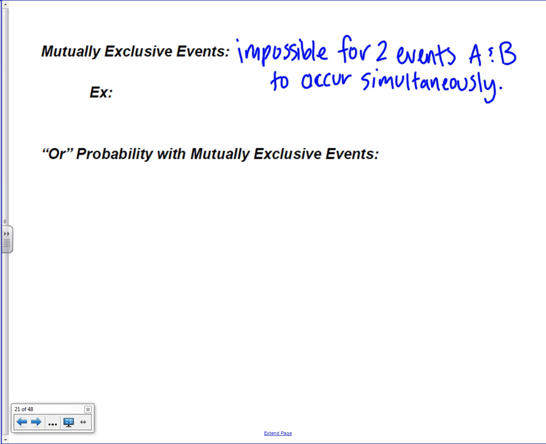Meaning they cannot happen at the same time. For example, if you are selecting one card from a deck, you cannot select both a king and a queen at the same time. So that would be said to be mutually exclusive.